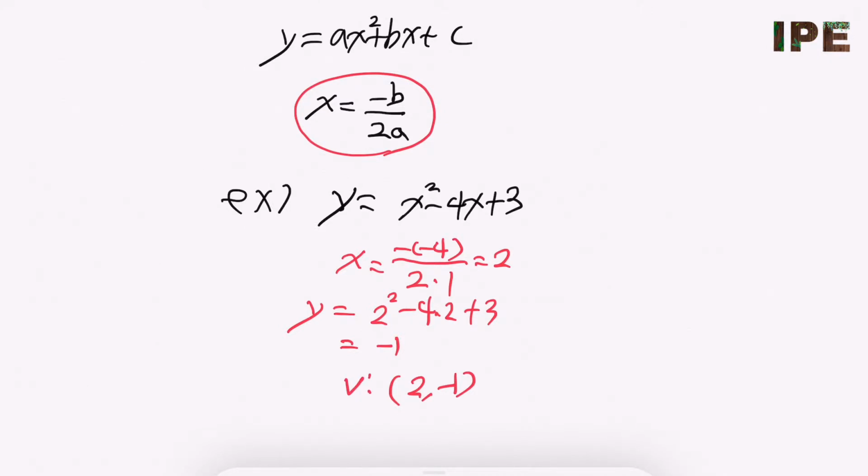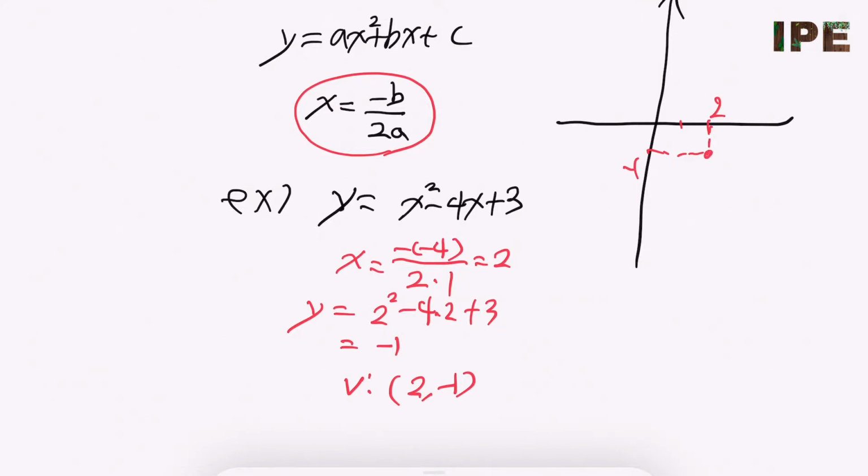So the graph should be something like this. I draw the graph using all the information I have. Number one, the vertex is (2, negative 1). This is the vertex point. And then I want to find the x-intercepts.